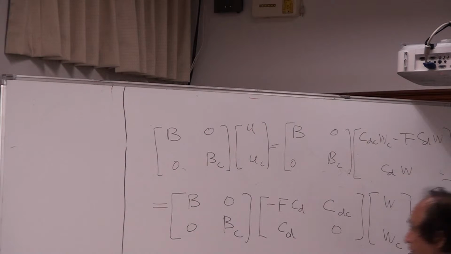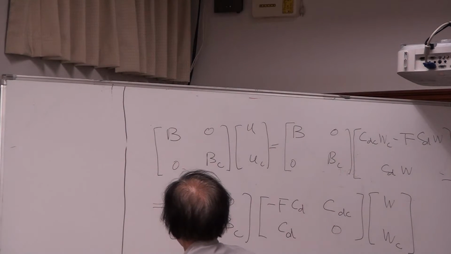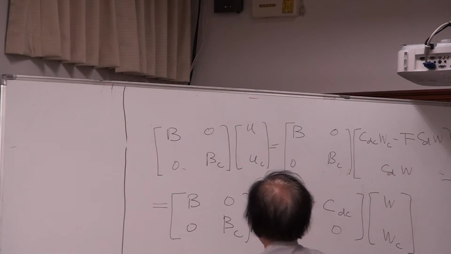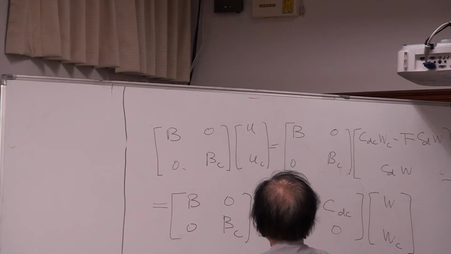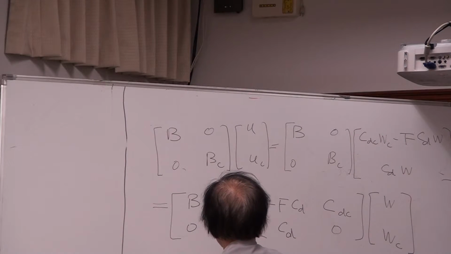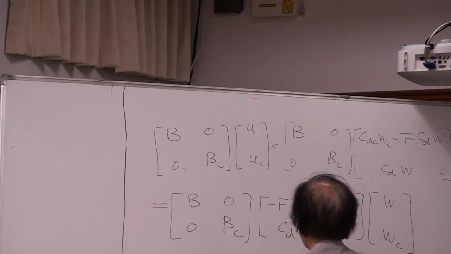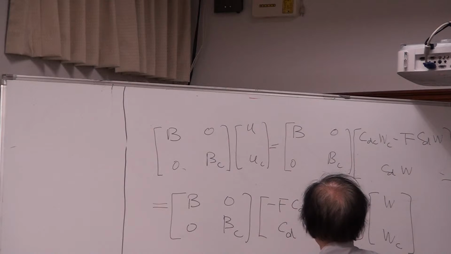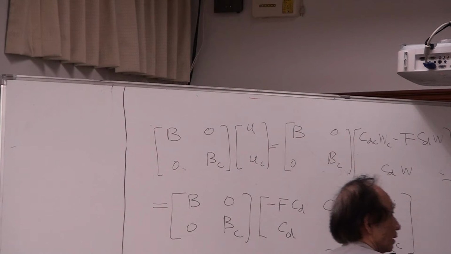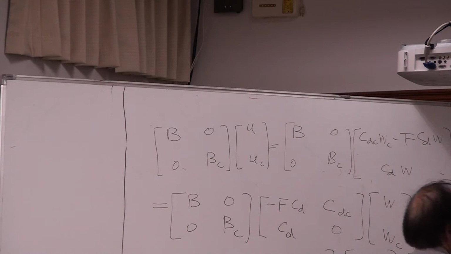And if I do this, this equals minus BC, B F CD, then BCDC, then BC CD, then 0, WC. Agree? Okay.